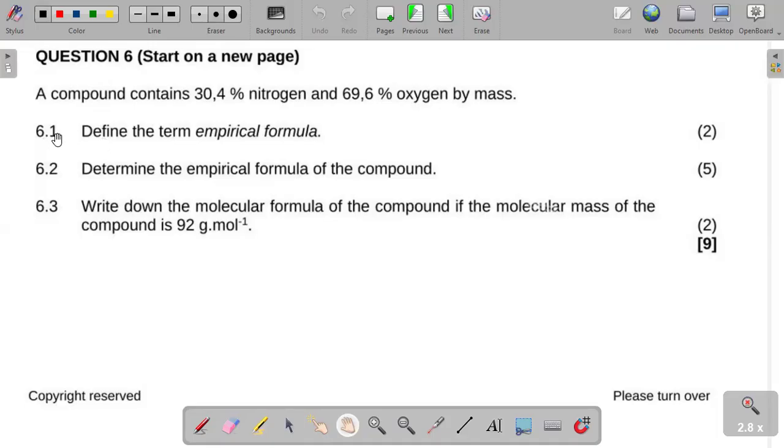6.1, they want the definition. Define the term empirical formula. What is that?